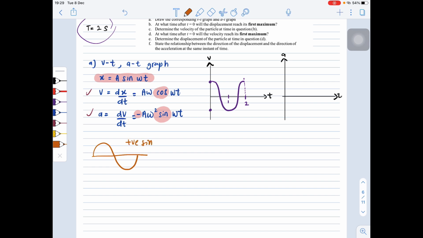So for negative sin it will flip. So this one will be negative sin. So graph untuk kita punya acceleration akan start daripada kosong, because it is a sine graph, tetapi dia akan turun ke bawah dahulu and then naik semula ke atas, and then you will get one complete cycle. Here will be 2 seconds, here will be 1 second. So that will be the graph for VT and AT.